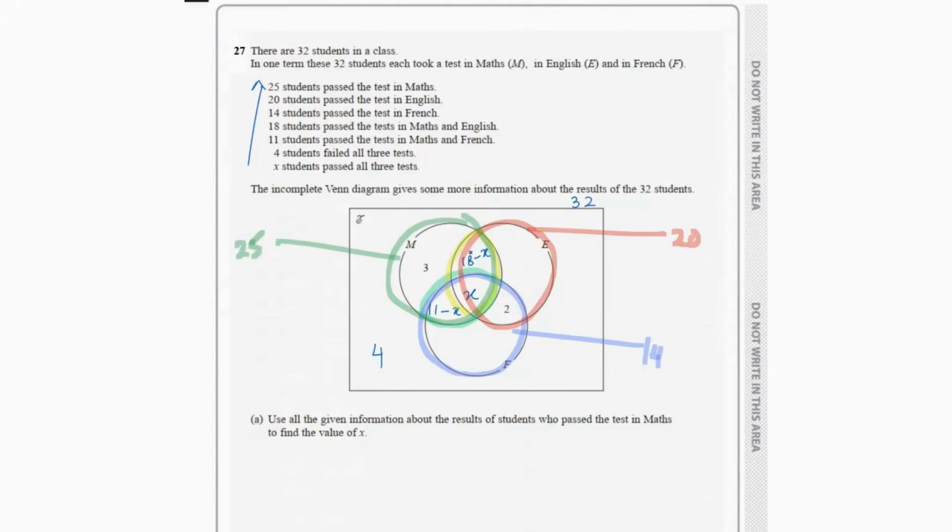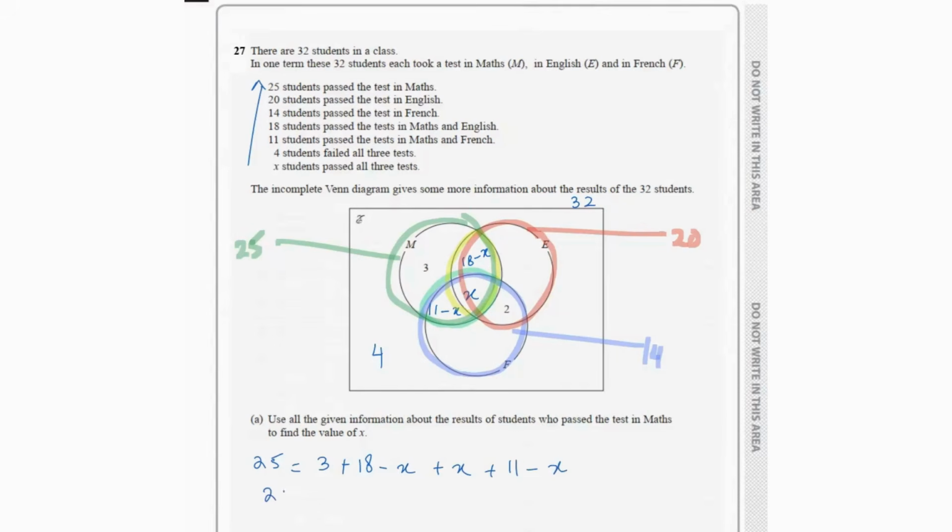So what we can do is use the maths circle to figure out the value of x, because we have all of the values for the parts of maths. So 25 equals 3 plus 18 minus x plus 11 minus x.